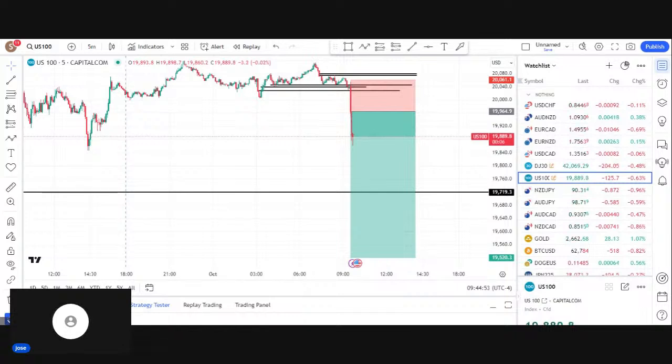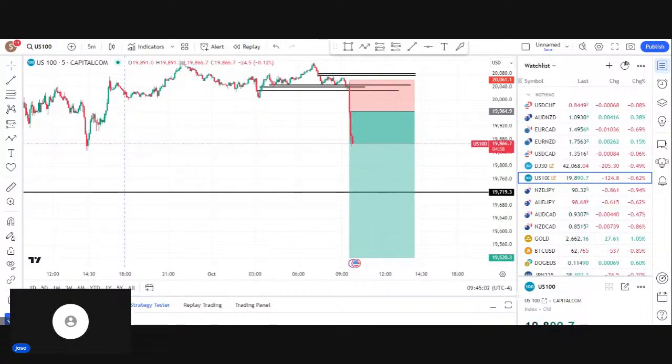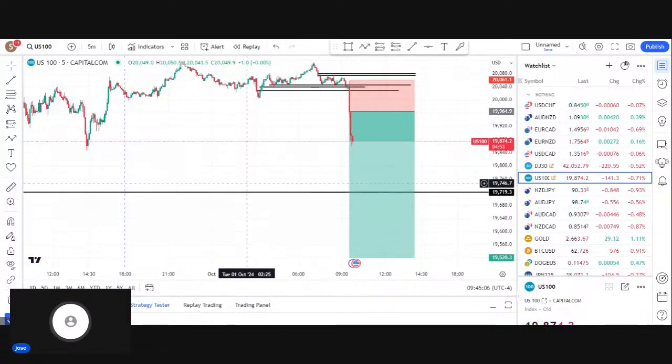So we take less trades with a higher risk to reward ratio and no stress. We set and forget. So we have some news being released again. I'm very curious to see how they will affect our trade, our fake trade.